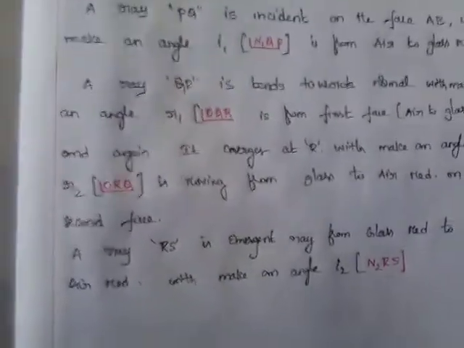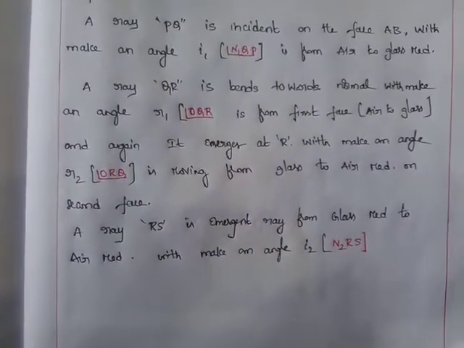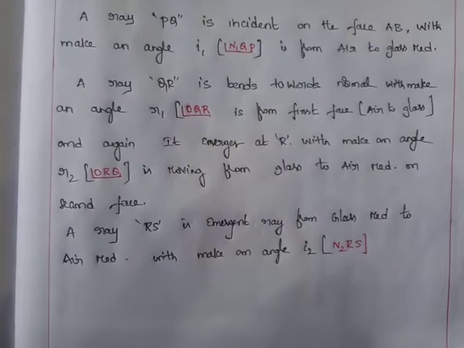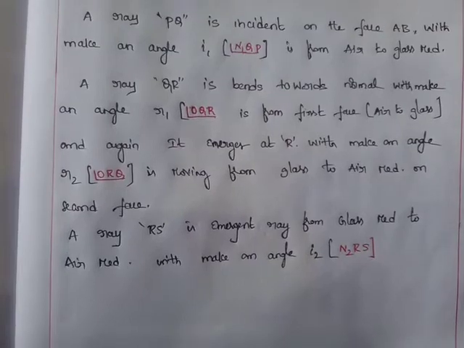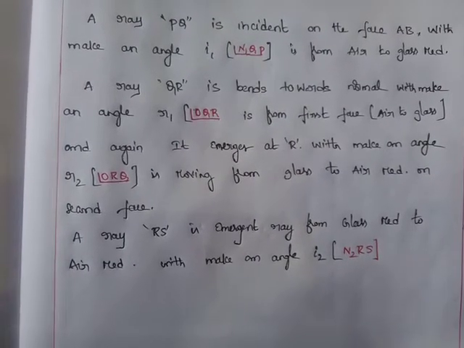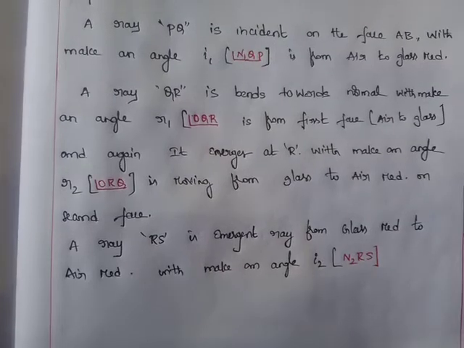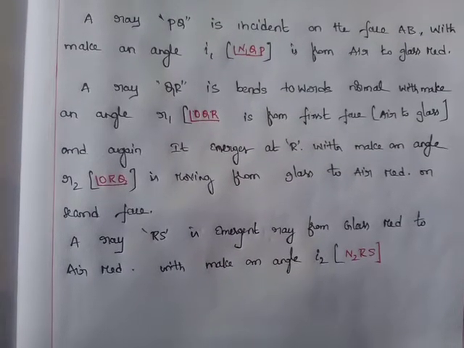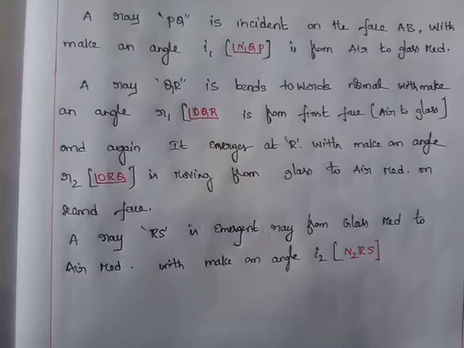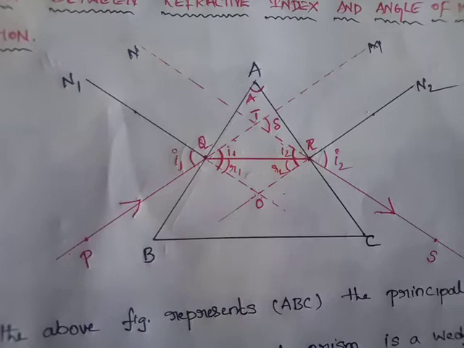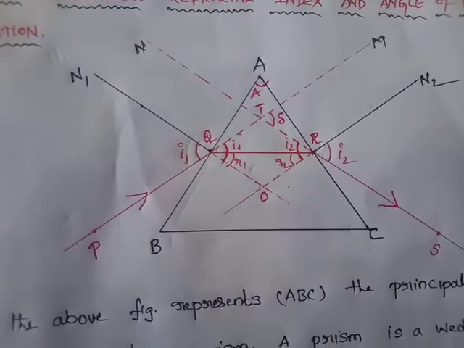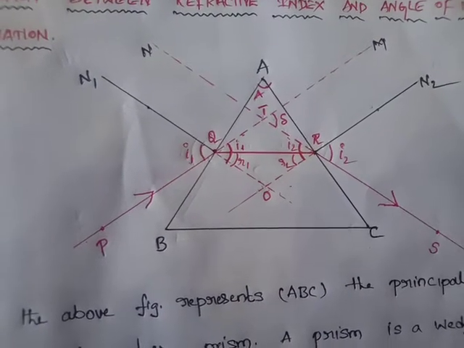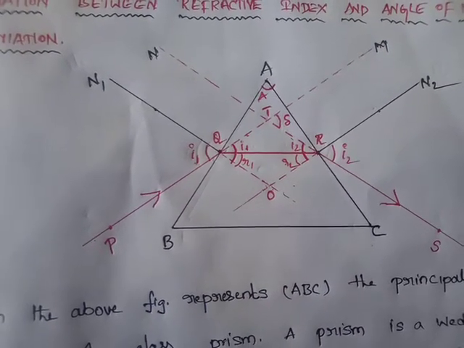See, the ray QR bends towards the normal making an angle R1, angle OQR, from air to glass at the first face, and again it emerges at R making an angle R2, angle ORQ, moving from glass to air on the second face. So at the first face angle OQR is R1 and at the second face ORQ is R2. These are the refracting angles in the glass medium.